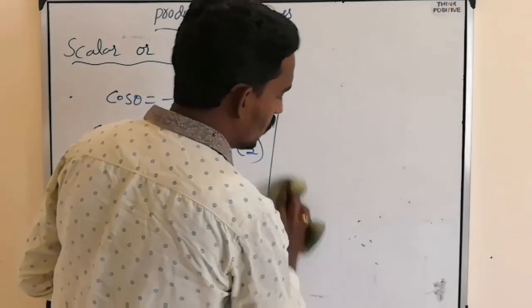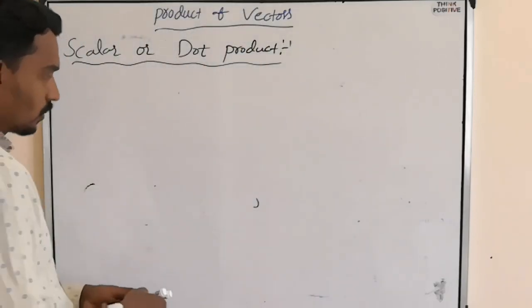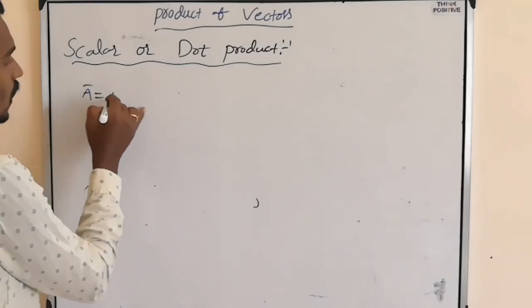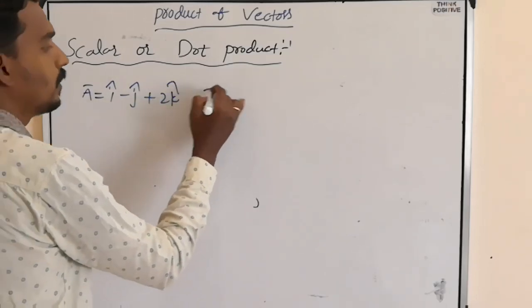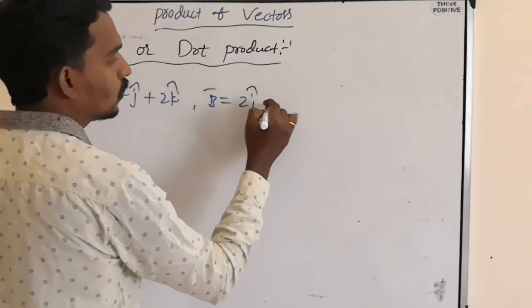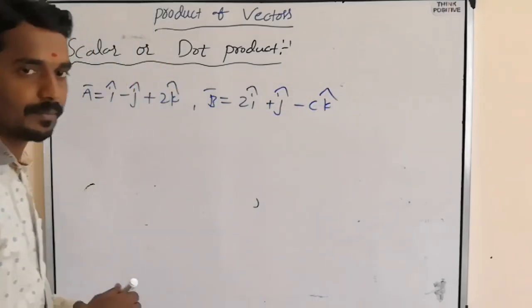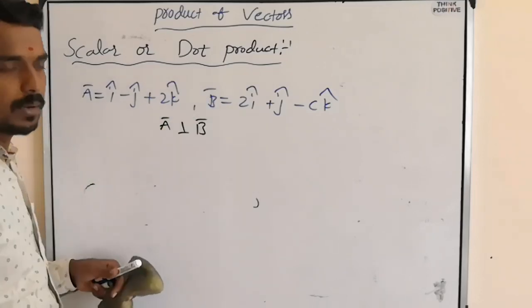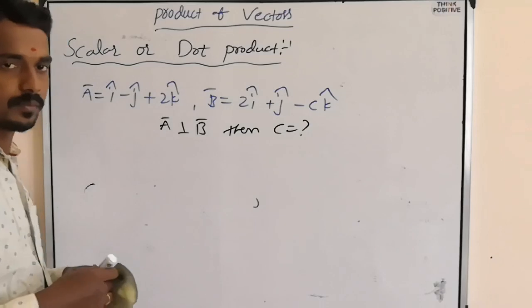Also sometimes they will give that, suppose, a bar is the vector i minus j plus 2k cap and b bar is another vector 2i plus j minus ck cap, such that a bar is perpendicular to b bar, then find the c value.